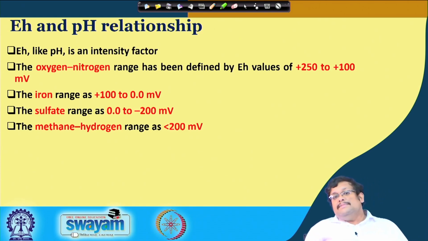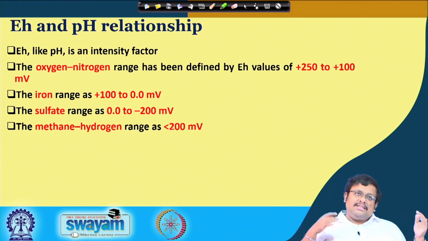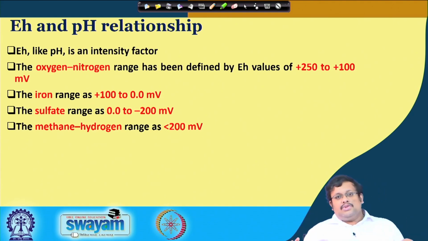You know the difference between intensity factor and capacity factor. The oxygen and nitrogen ranges, and the different ranges of elements, have been defined, and the conversion of different oxidized forms to reduced forms has been accompanied by a range of pH values.